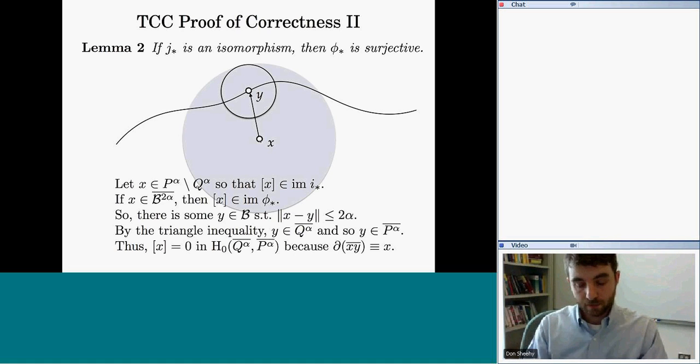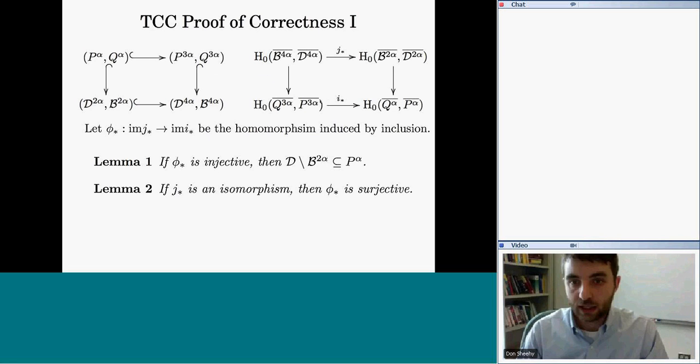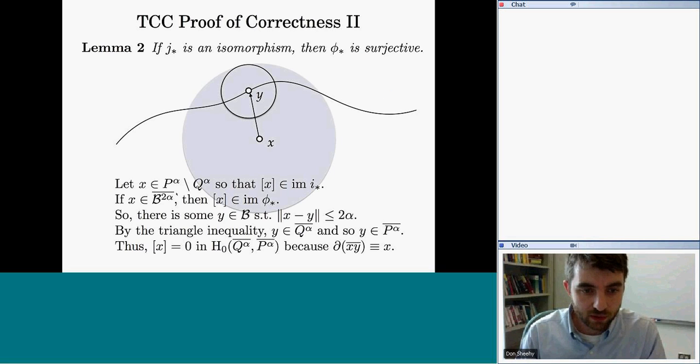This is going to be a point which persists in the image of I star as a persistent connected component in our bridge domain, in our unions of balls here. So it has to be in P alpha, but it's not in Q3 alpha. So this is a typo, because that would just be 0. It wouldn't have persisted.